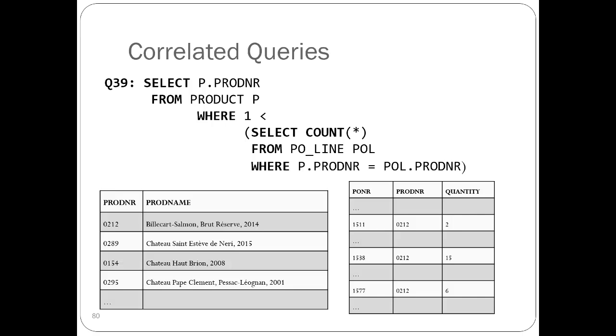Count star will return a value, right? Counting of how many records do we have here. Select count star, count how many rows do we have in this query. Select count star from PO line. PO line is purchase order line, where we'll have the details of all the purchases that a supplier has made.